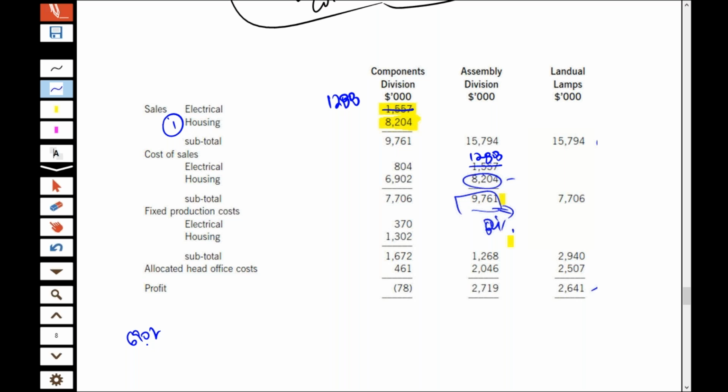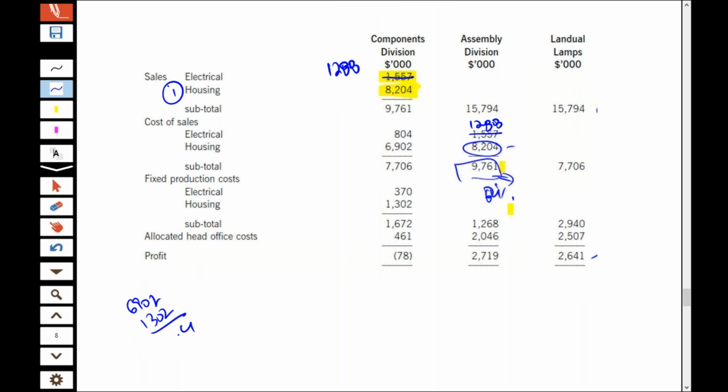6902 as a cost. Then there is this fixed production cost, which is 1302. So it gives you 8204. What you could do is say 8204 into 1.2, which gives you 9845. So hence 1288 plus 9845 gives you 11133.